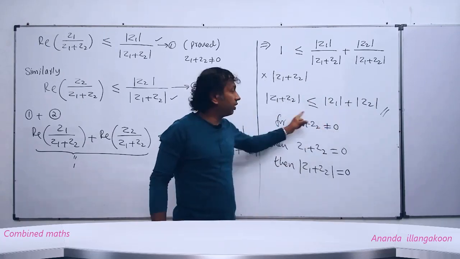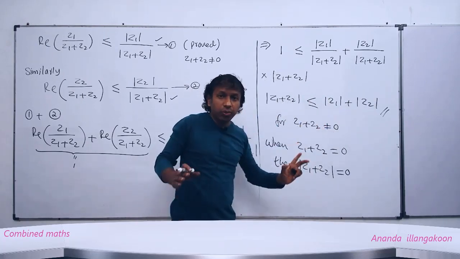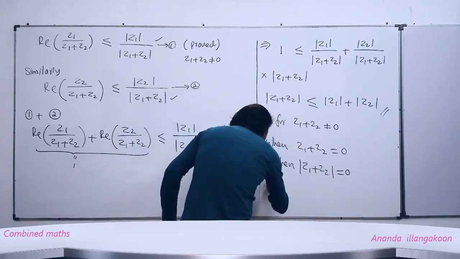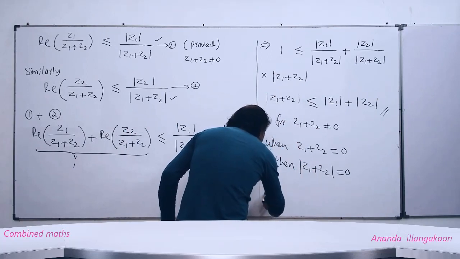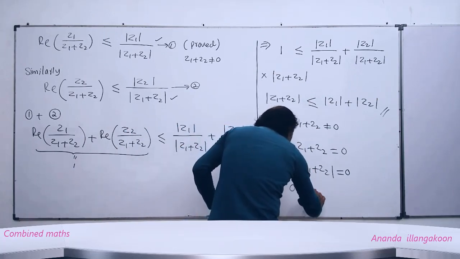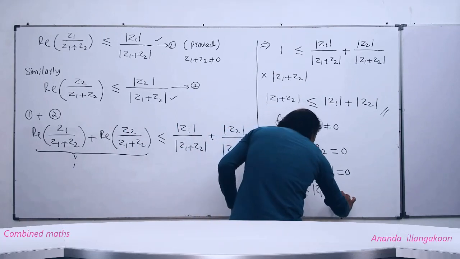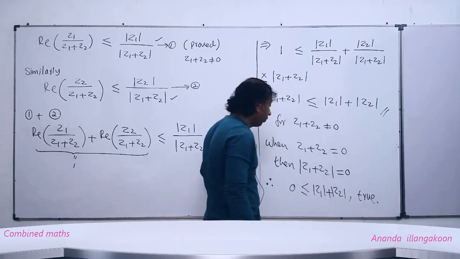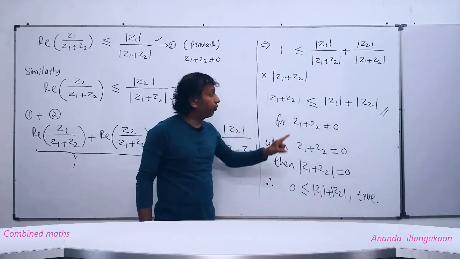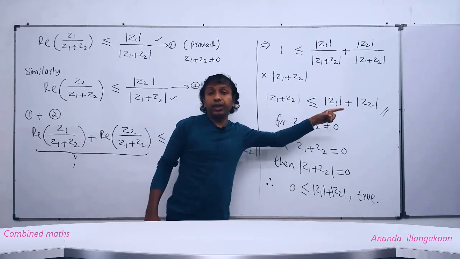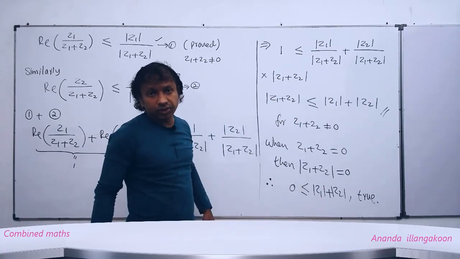Therefore, this relation is true for modulus of Z1 plus Z2 equals 0 too. Therefore, we can say what? 0 less than or equal to mod Z1 plus mod Z2. True. When Z1 plus Z2 equal to 0 case also, this becomes true. Then people, this is true for any two complex numbers Z1 and Z2.